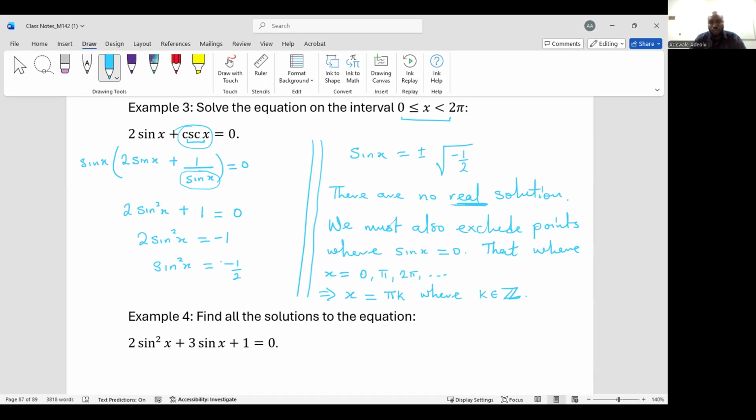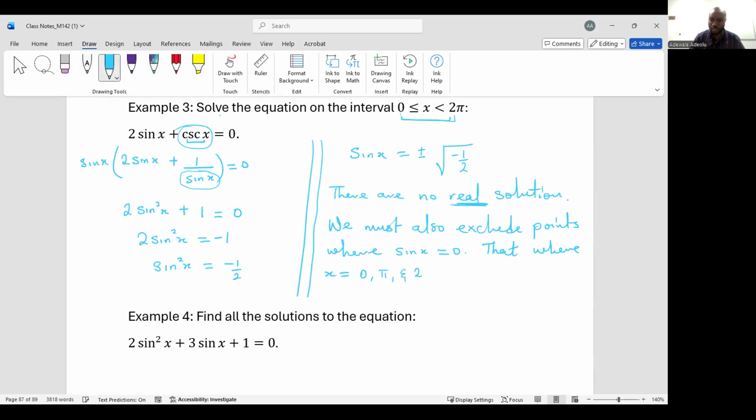Well, we are looking for a solution on 0 to 2 pi anyways. So we can just stop here, because we are restricted.